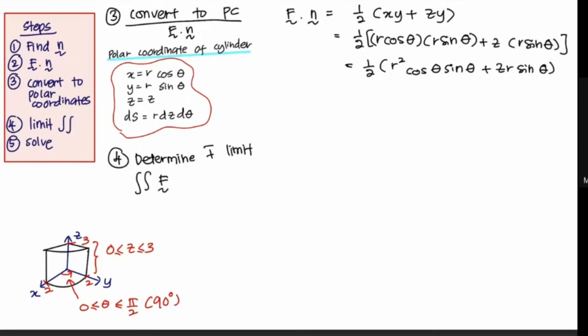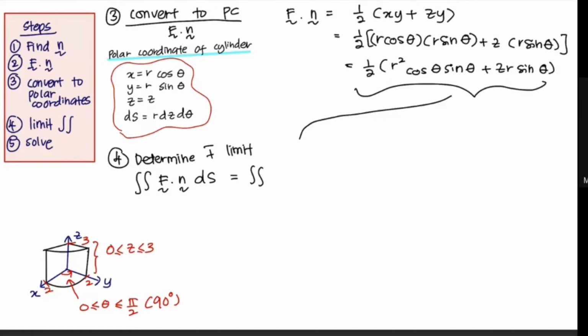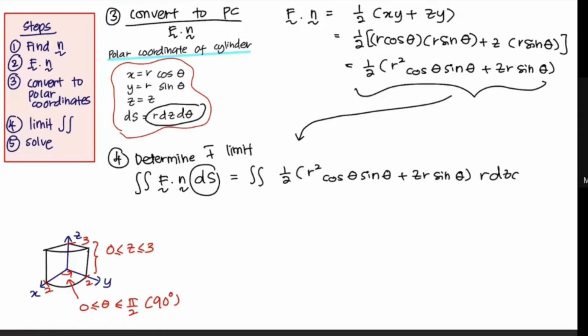F dot n dS: F dot n is here, substitute here. dS is given by this one, r dz d theta.